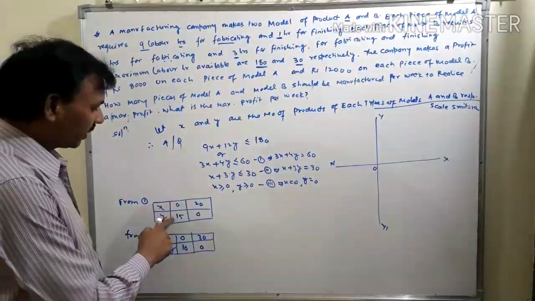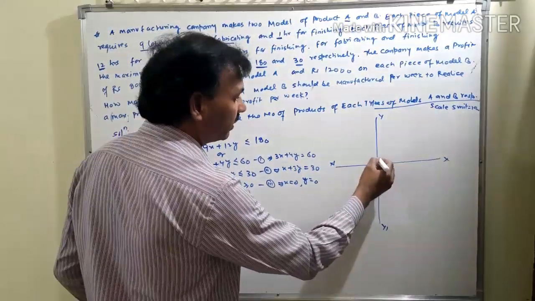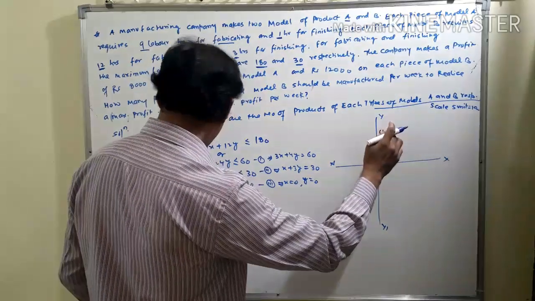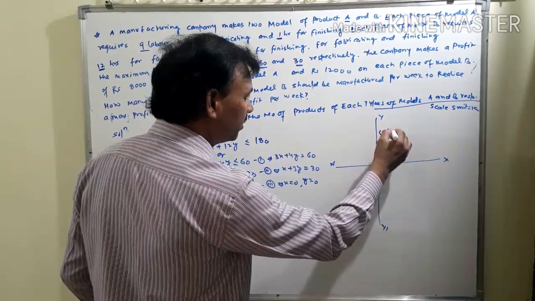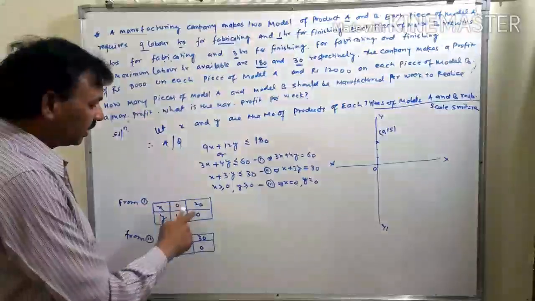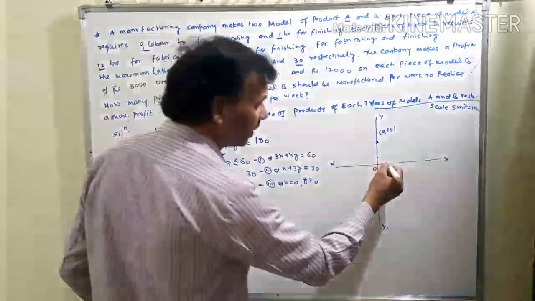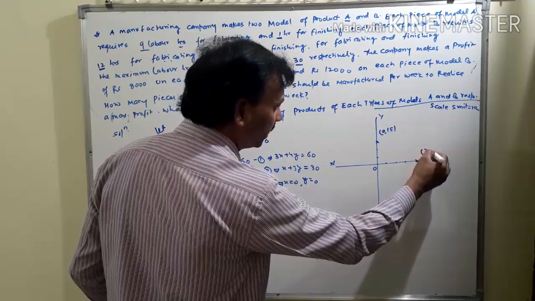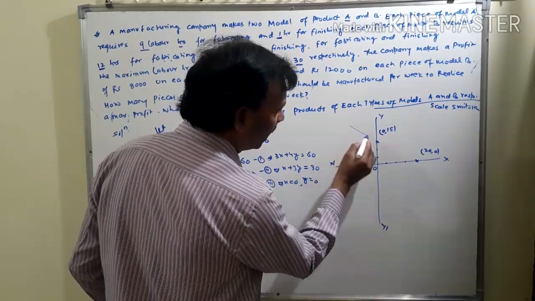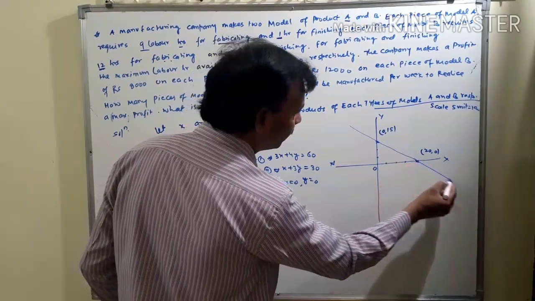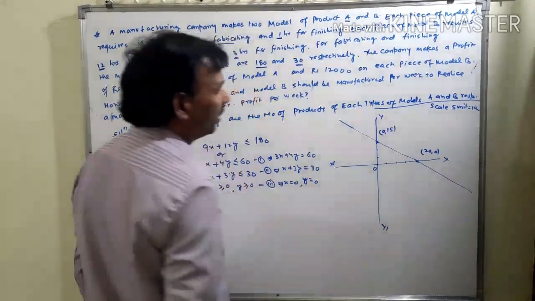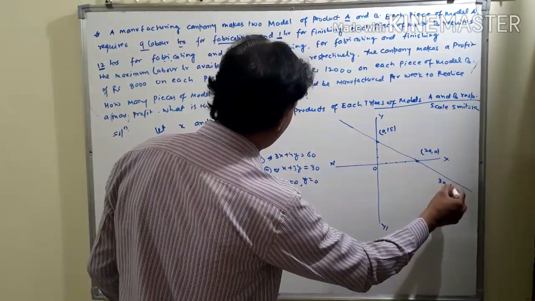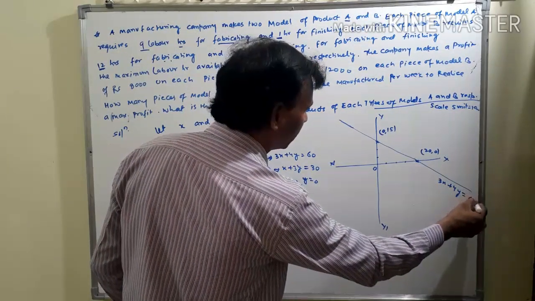Since 0, 15 means this is 0 on the x-axis, 5, 10 and 15, this is the point 0, 15. And second is 20, 0 on the x-axis: 5, 10, 15, 20. This will be 20, 0. And draw a line like this. The equation of this line will be 3x plus 4y equal to 60.